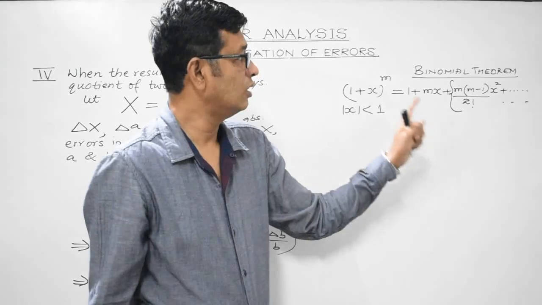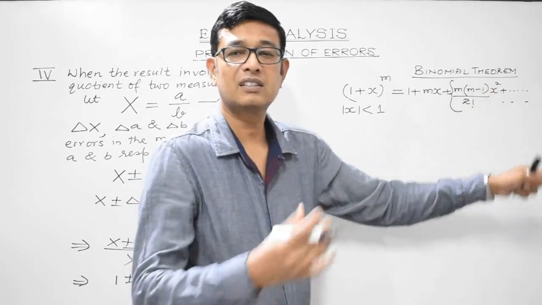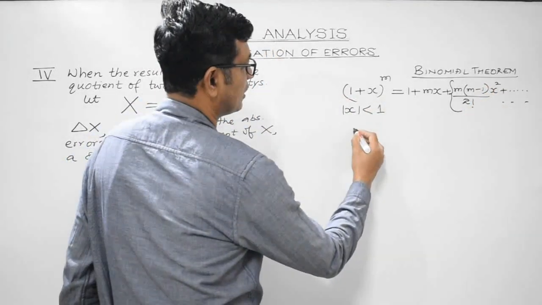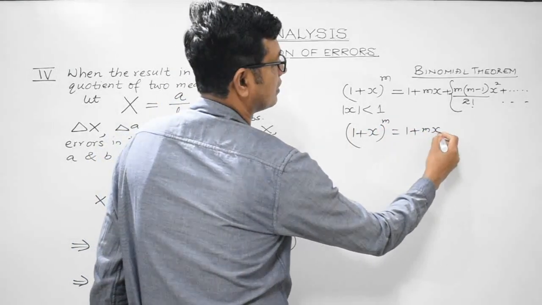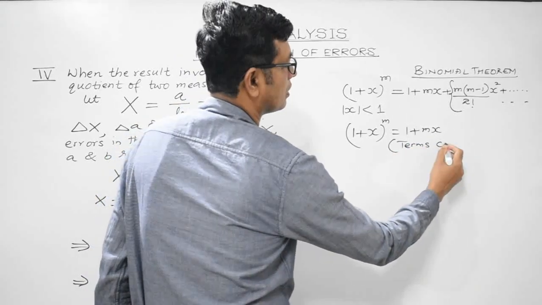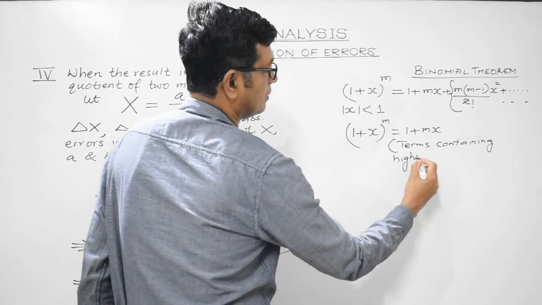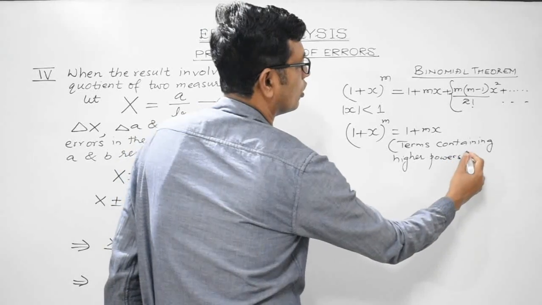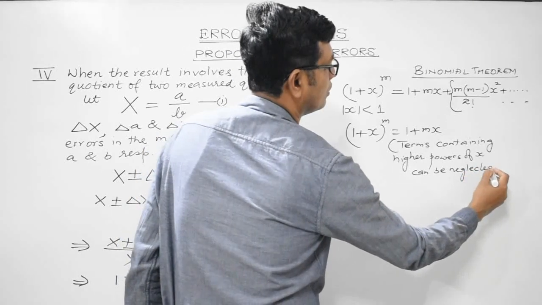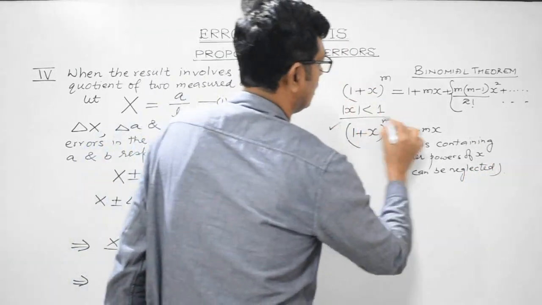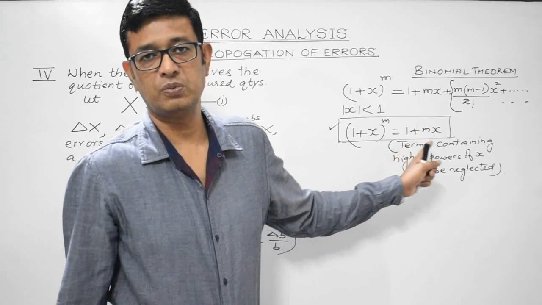From the physics point of view, we can write it as 1 plus nx, and the terms containing higher powers of x can be neglected as they will approach 0. So this is the formula which we will be using over here. Please, from the physics point of view, do note down this particular formula.